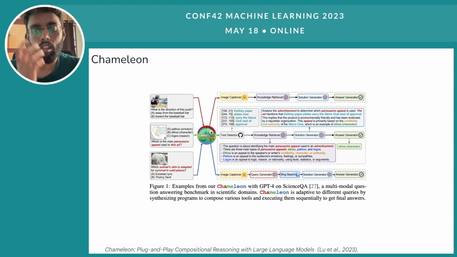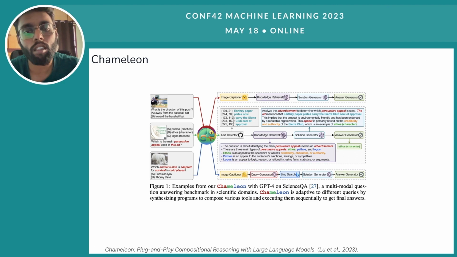So what Chameleon does is it first calls the text detector as a tool, and the text detector detects the text, and then it calls the knowledge retrieval. Based on the input, the knowledge retriever comes up with its inference of the overall perspective of the question and the information available at that point. This is a prompt call to the OpenAI API.